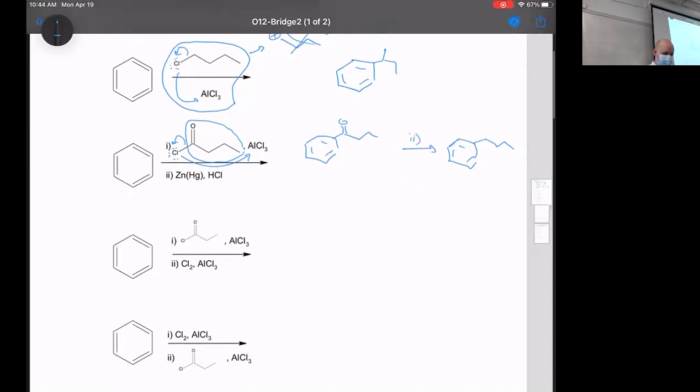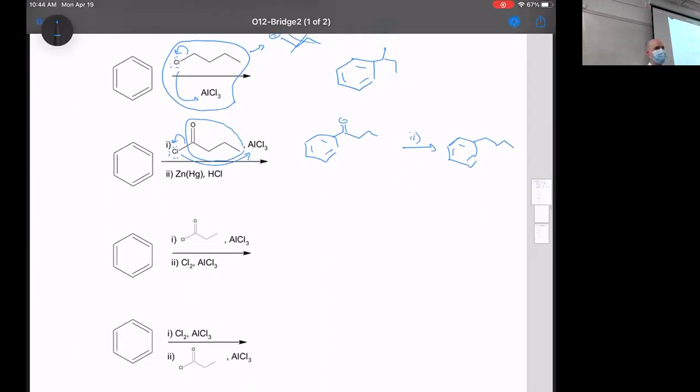All right, Natalie, go. Yep. And then that chunk gets added. Correct. So that chunk gets added on here. And then that chunk is meta. Perfect.